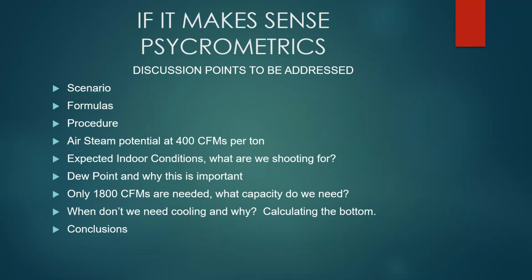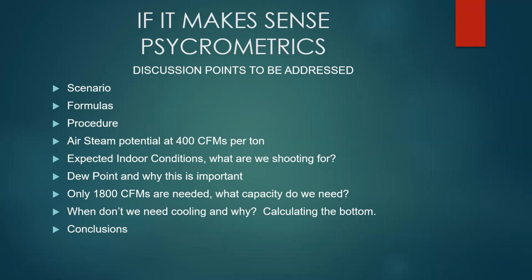In this case here, we're going to be looking at 72 degrees dry bulb or sensible temperature and 50% RH. Dew point. Why is the dew point important? And our scenario is going to only say out of the 4,000 CFMs total for this 10-ton unit or 400 CFMs per ton, we're only going to need 1,800.